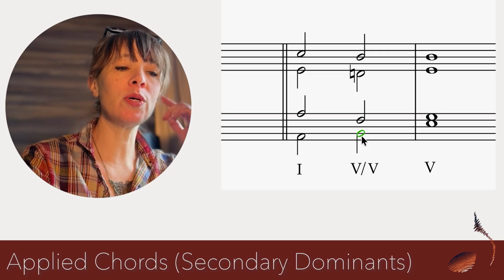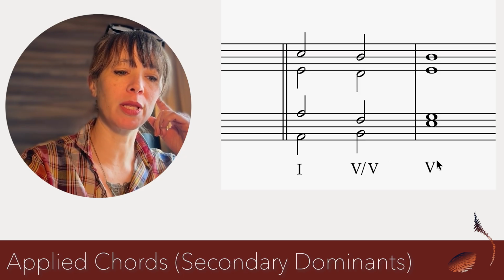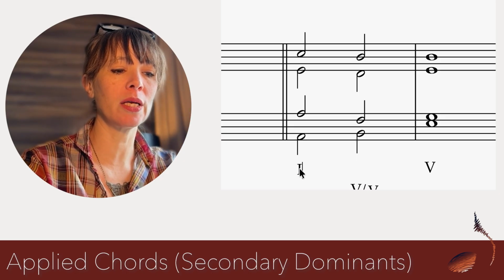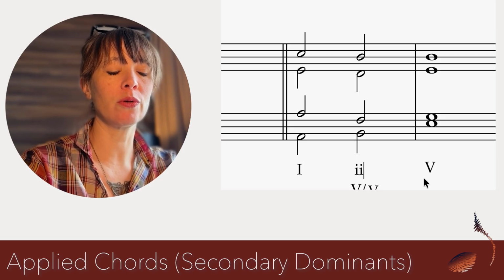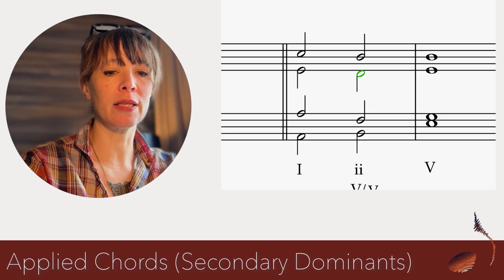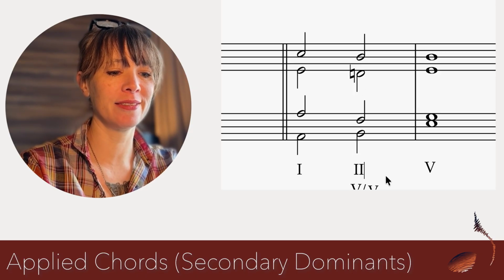Okay, so if you had seen this, for example, let's get rid of that natural, put that back to D flat. If you saw those chords, you would say, oh yeah, it's a 1, 2, 5. But because we add the natural onto it, making it a major chord, it's not this.